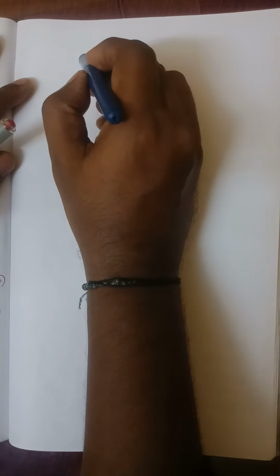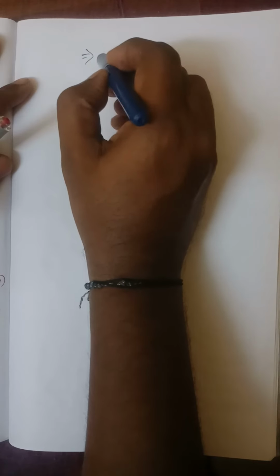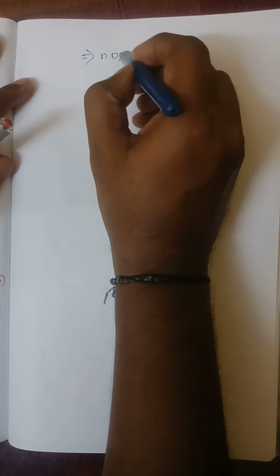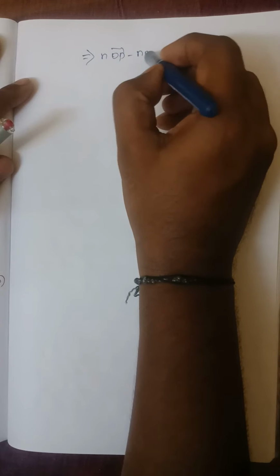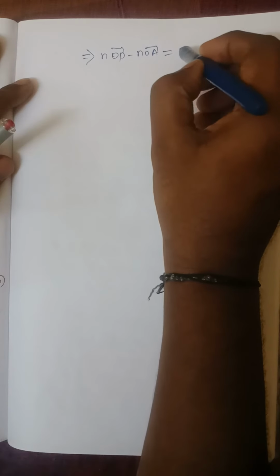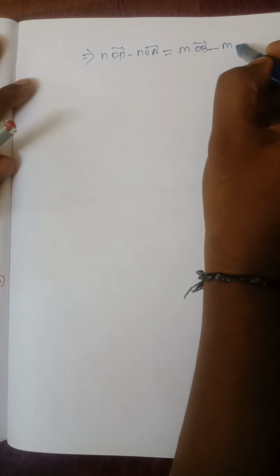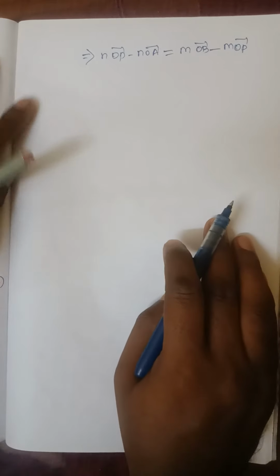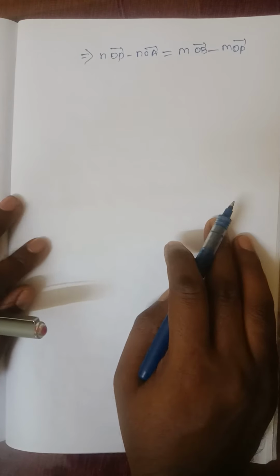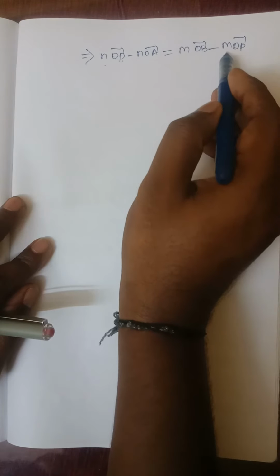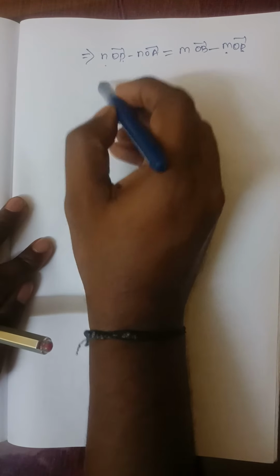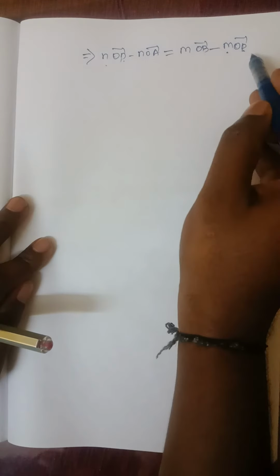This implies n OP vector minus n OA vector is equal to m OB vector minus m OP vector. Now I am going to separate OP vector to one side, the OP terms on the left-hand side and n OA on the right-hand side.